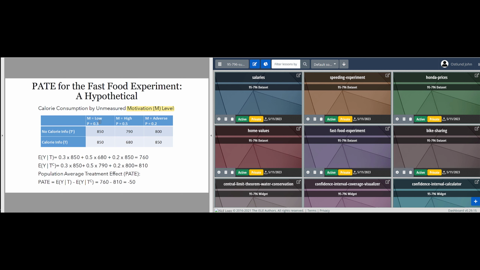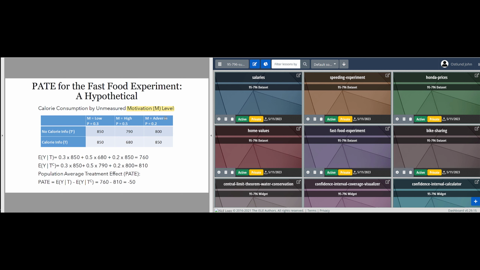These people have low motivation to change their calorie consumption behavior. Then we have a group of people who have high motivation. These are people who are highly motivated to improve their health, their calorie consumption, whatever.